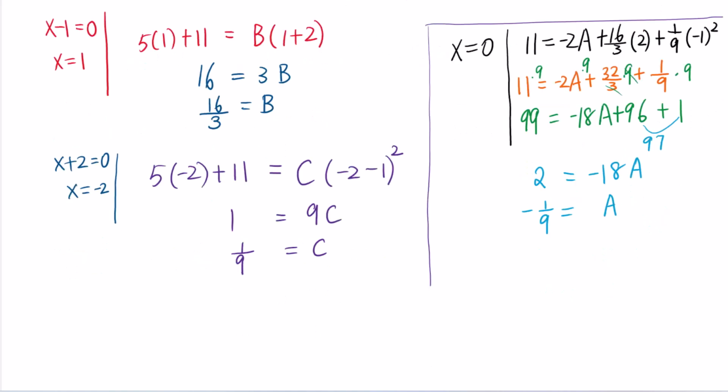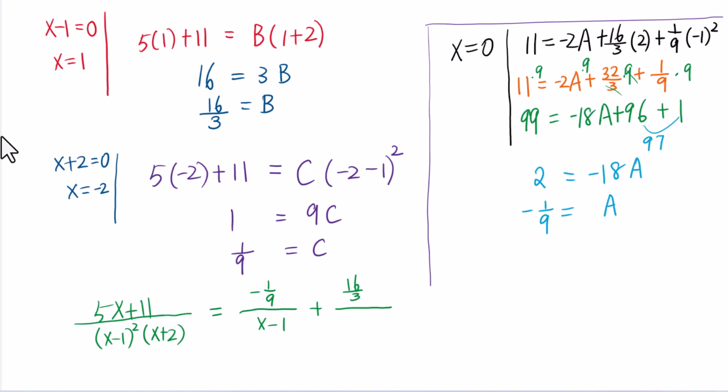The final answer: 5x plus 11 all over x minus 1 squared times x plus 2 equals a, which is negative 1 over 9, over x minus 1, plus b, which is 16 over 3, over x minus 1 squared, plus c, which is 1 over 9, over x plus 2.